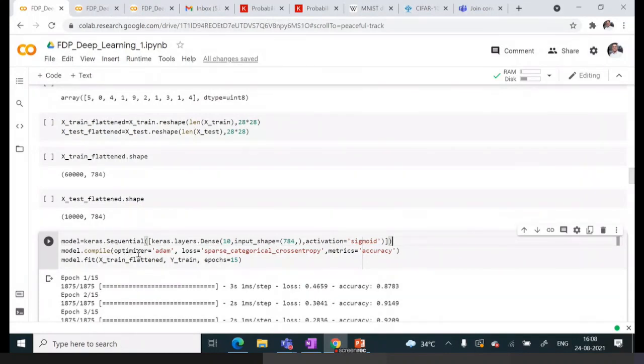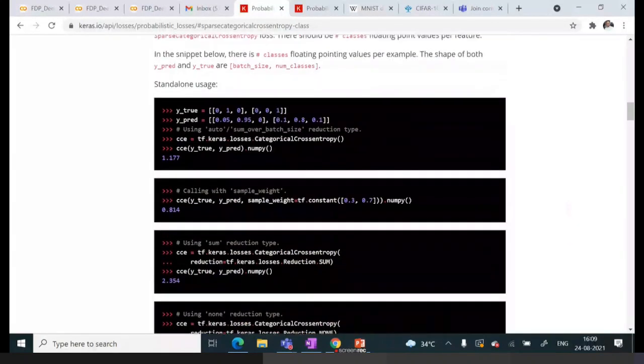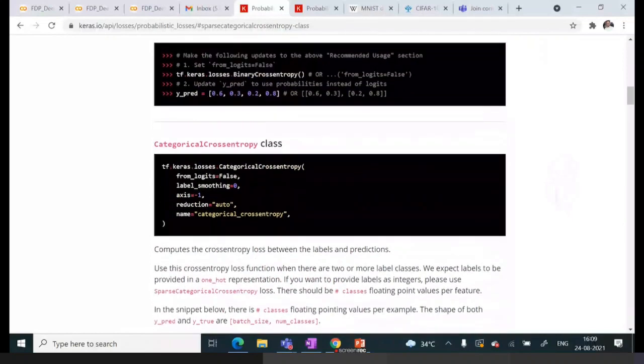Here we must specify three things: the name of the optimizer, which kind of loss we are considering, and what metric we are going to evaluate our system with. There are many kinds of losses, but for this particular problem, I have considered the sparse categorical cross entropy loss. You can check here the definition of this loss and how it works.